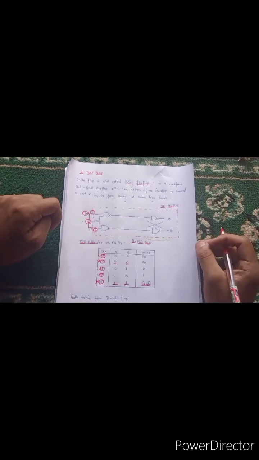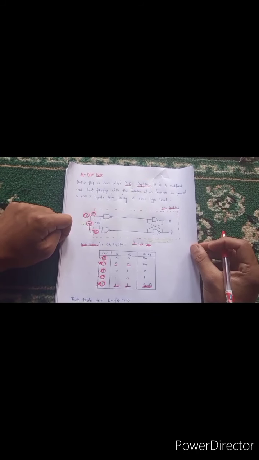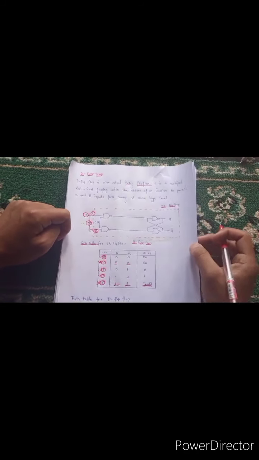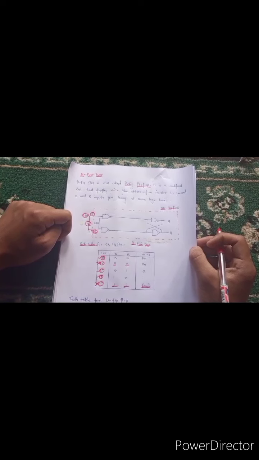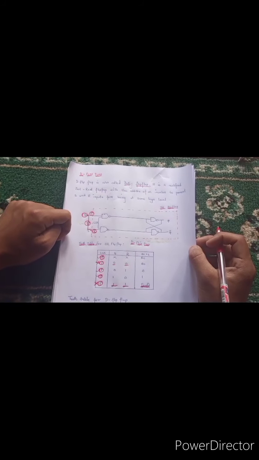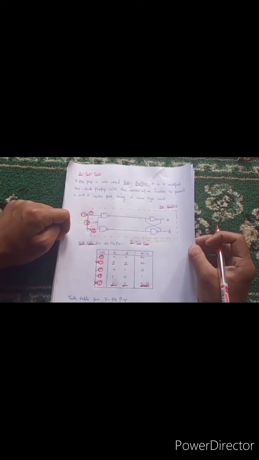D flip-flop is also called data flip-flop because it is used to give stored data. It is considered one of the most important flip-flops because it ensures that the two inputs are never equal at the same time.